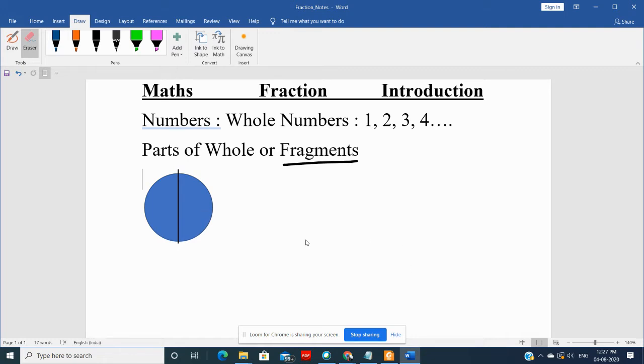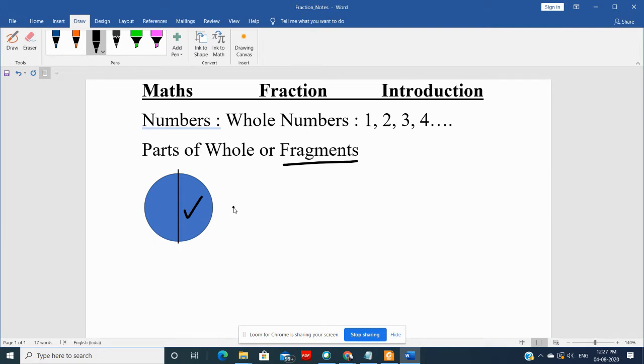So, if for the whole, this half part is there, and we are utilizing this half part, then this is indicating that we are actually using 1 upon 2.